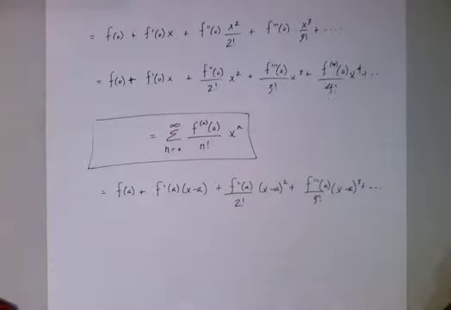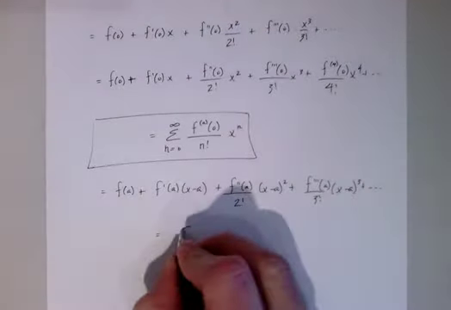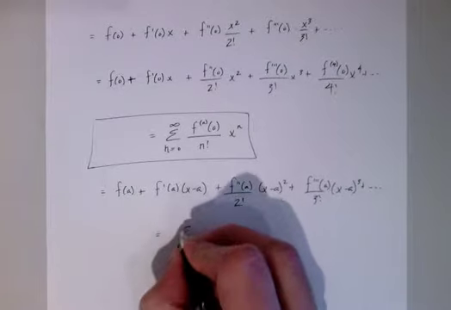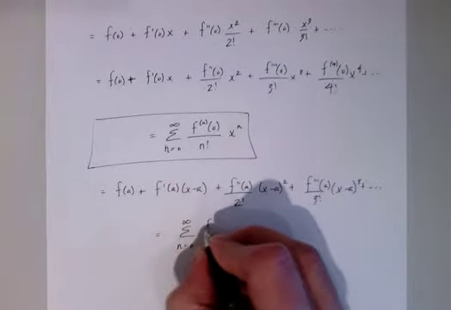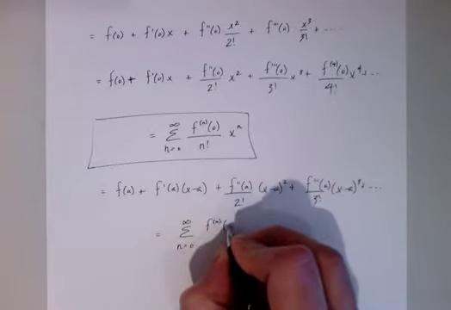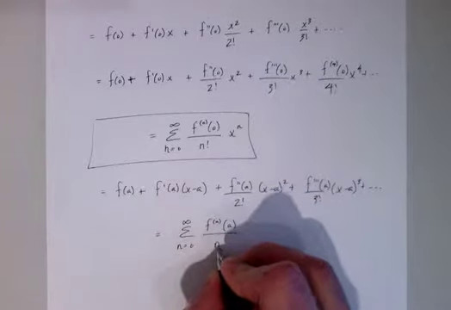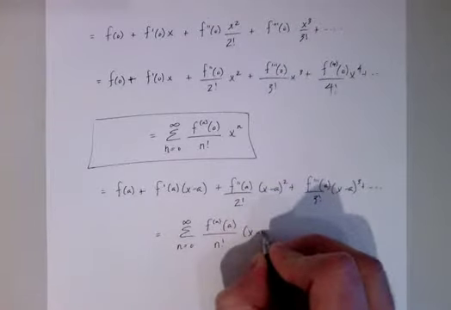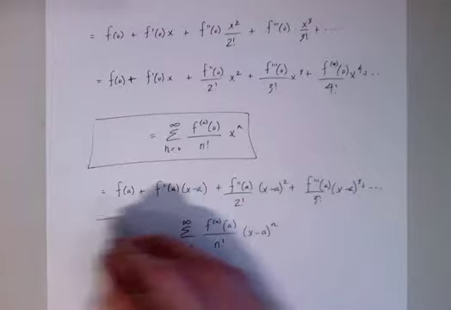And all this is taking the previous method that I just showed you, whereby we found the power series for sine x, and making it into a general formula, okay? And therefore what we have here is the sum from n equals 0 to infinity of the nth derivative at a over n factorial times x minus a to the n.